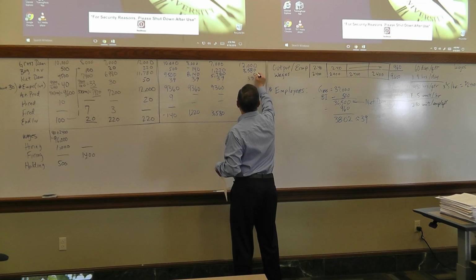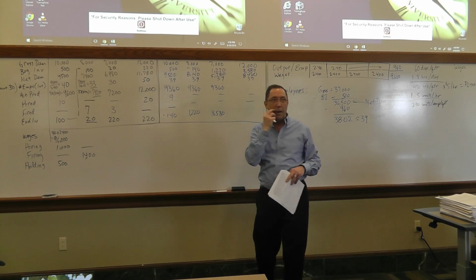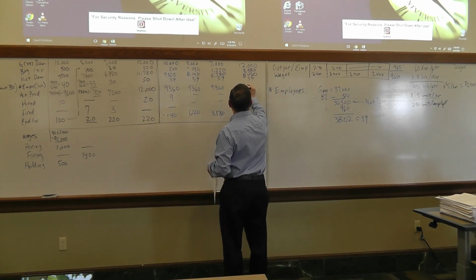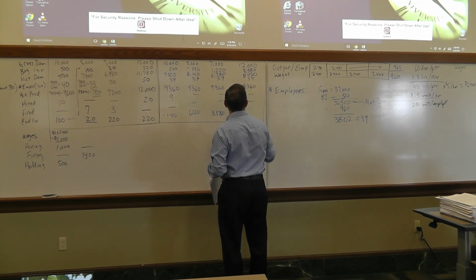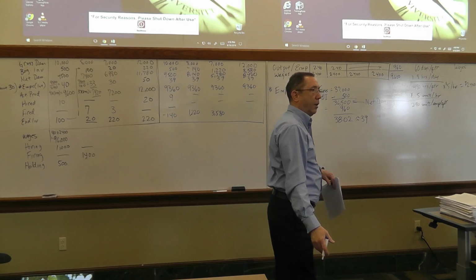My actual 0 to 8? No. Yes. 8,420 is my net? Yes, thank you. I'm producing 9360. And the difference between that is, what, 940?